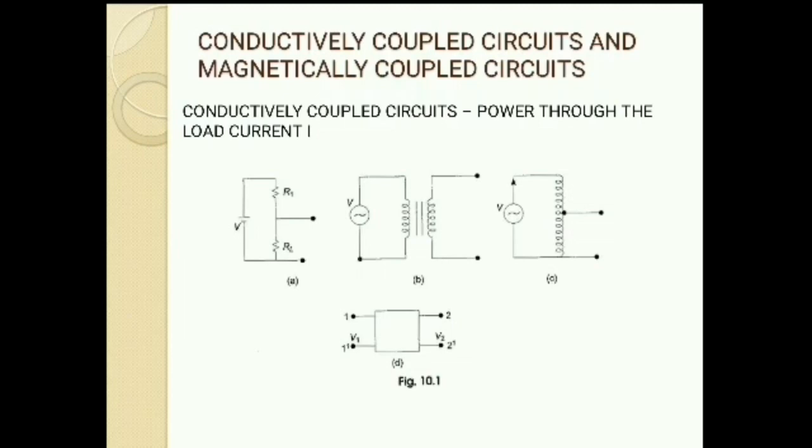And in this way, we can transfer the power to the load. Simply, we say the power is transferred to the load by inducing EMF. So these kinds of circuits are known as magnetically coupled circuits. In this presentation, we will see magnetically coupled circuits and how to deal with them.